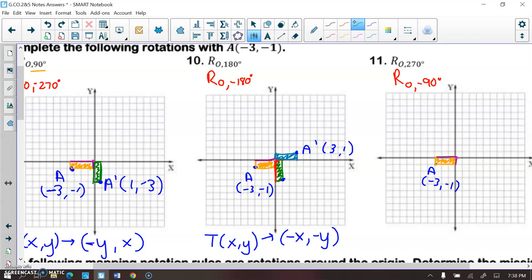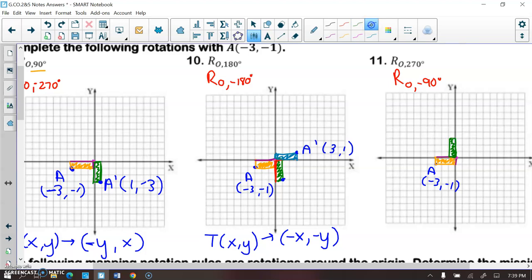So my horizontal line of 3 units long is now going to become a vertical line of 3 units long. And again, it's still attached to my center of rotation. It just pivoted 90 degrees. And my vertical line that's 1 unit long is now going to become a horizontal line of 1 unit long. And then I'll finish off my box.